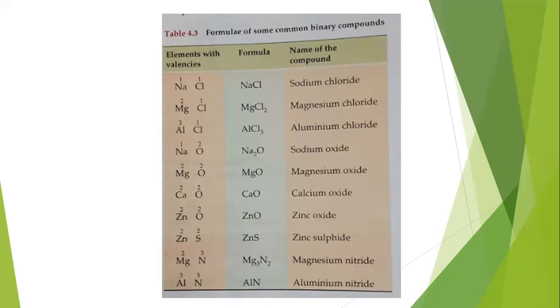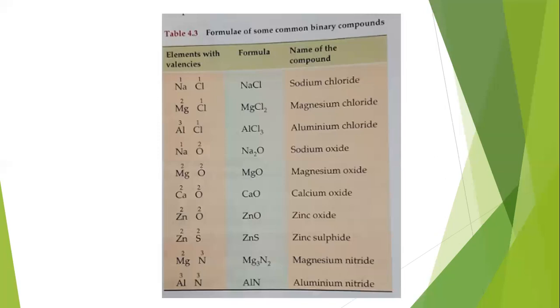So the formula is ZnS, and the name of the compound is zinc sulfide. Then Mg2 N3. Formula is Mg3N2, and the name of the compound is magnesium nitride.